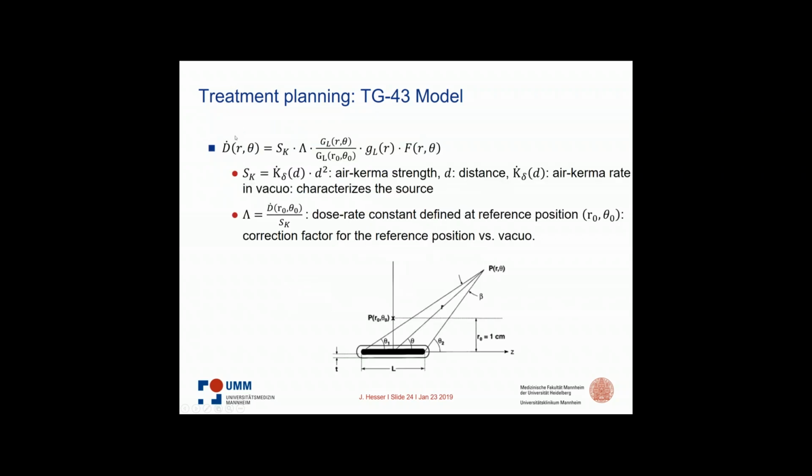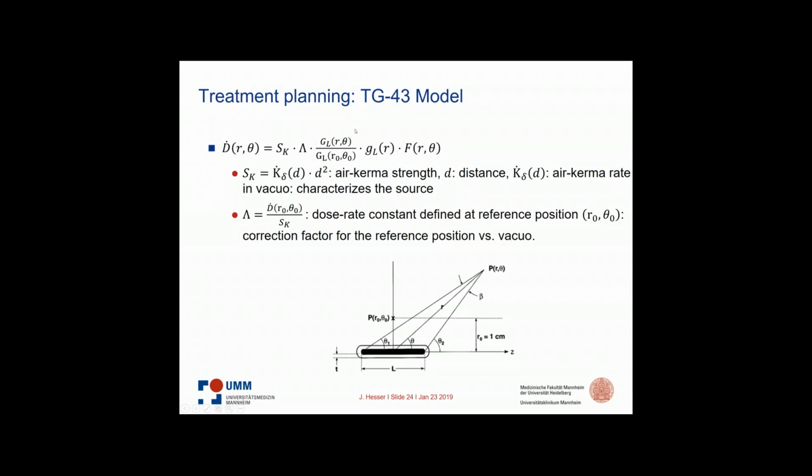So the model describes the dose rate at a certain distance r and this angle theta as a product of different factors, as you see here. You have two factors which are related to the source.